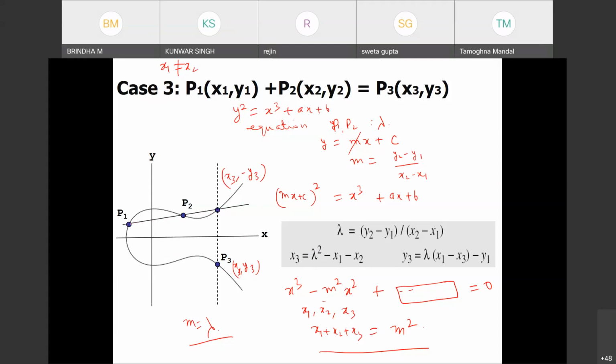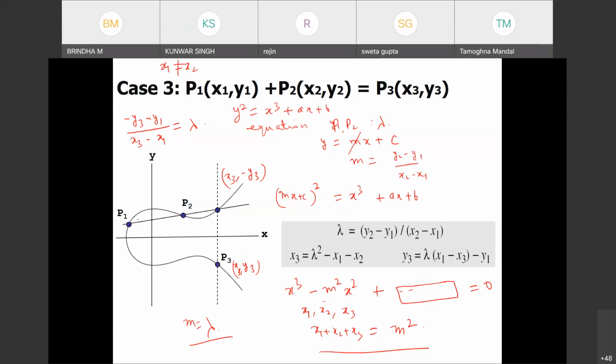The slope of P1 and this point is minus y3 minus y1 divided by x3 minus x1, and this equals the slope of P1, P2, that is lambda. So you can find y3: y3 will be lambda times (x3 minus x1) minus y1.